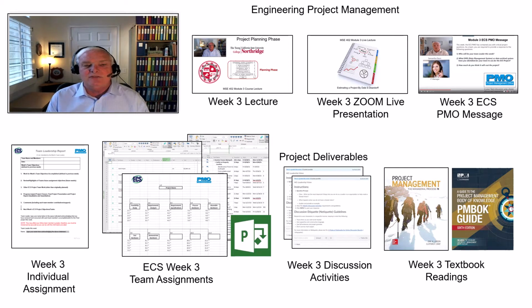Okay, the next thing is you're going to start working with Microsoft Project. So this week is where we actually start to overlay that information that you've pulled up here into the Microsoft Project software, and that'll give you a chance to start laying out the initial structure of your project.